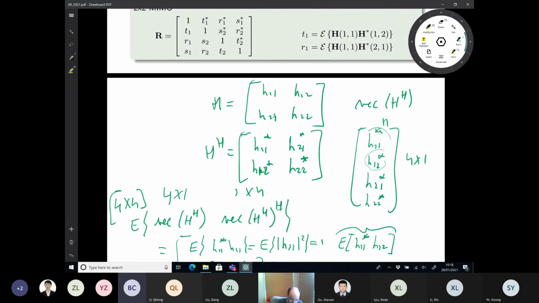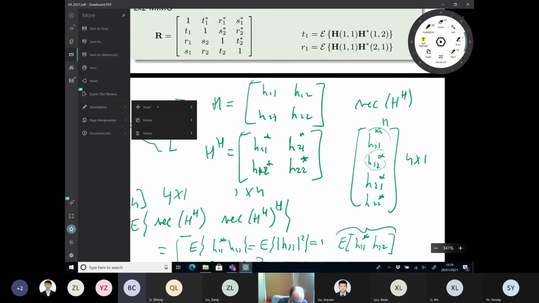So if I have my transmitter, my receiver, this is H11. H12 goes from the second transmit antenna to the first receive antenna. Sorry, let me take another page.